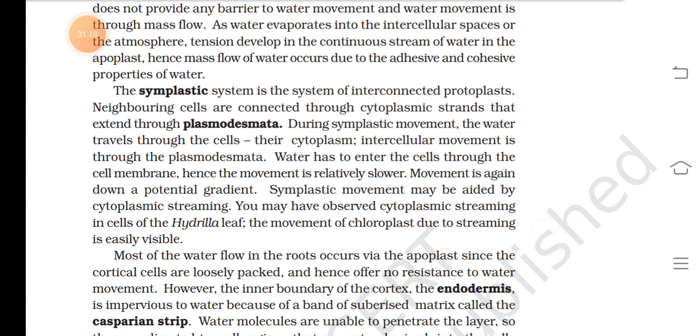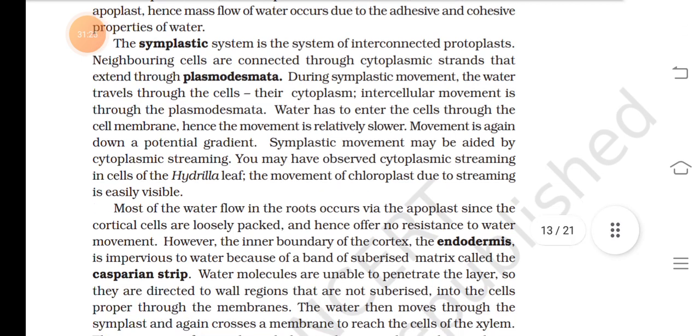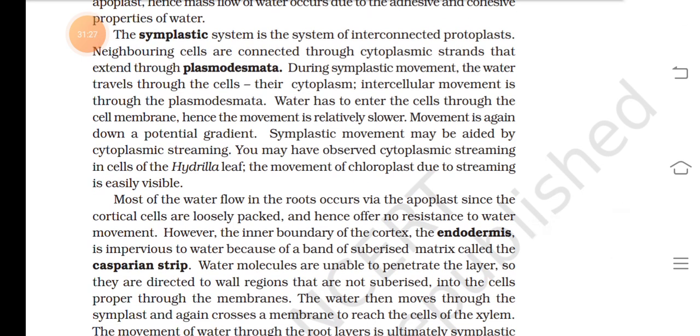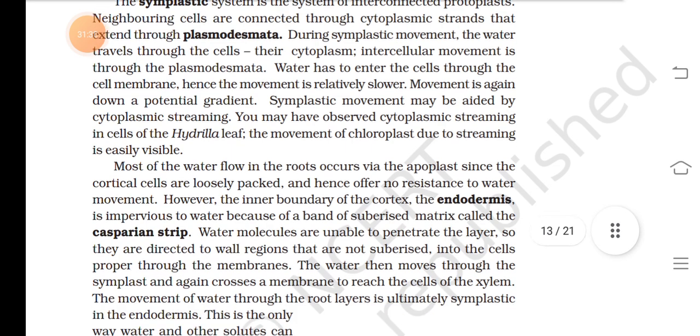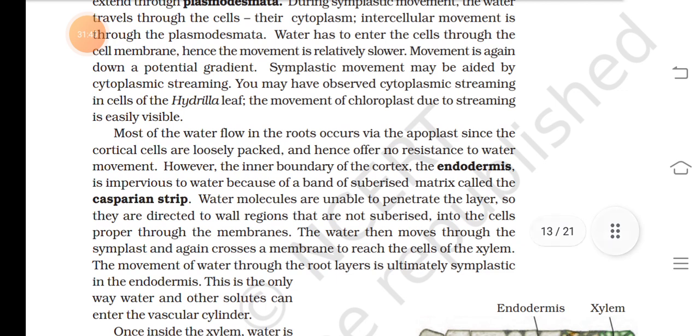The symplastic system is the system of interconnected protoplasts. Neighboring cells are connected through cytoplasmic strands that extend through plasmodesmata. During symplastic movement, the water travels through the cells. Their cytoplasmic intercellular movement is through the plasmodesmata. Water has to enter the cell through the cell membrane. Hence, the movement is relatively slower.